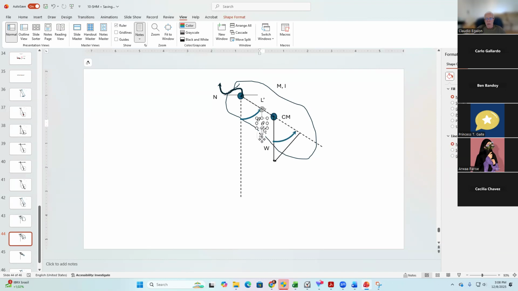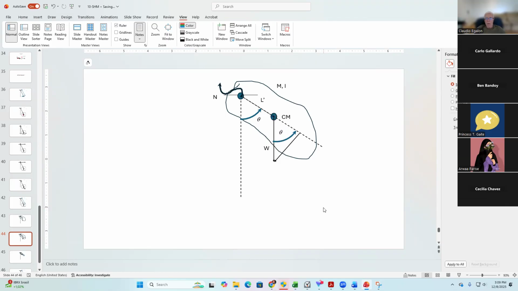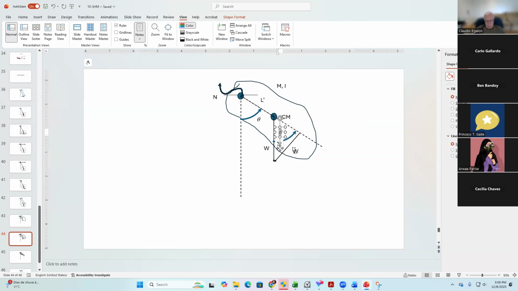I'll get this one here and place it right in here. Same angle. Okay, that's this one here. I'm going to call it the theta component of the weight, and I will subscript it.